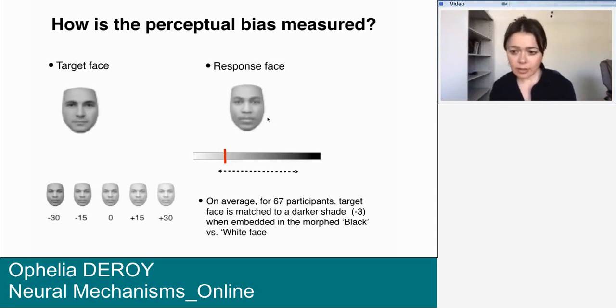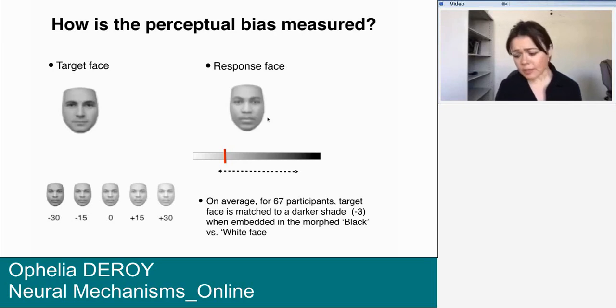There is a very classic process that enabled the authors to document this bias, which is a matching task where participants were presented with a target face and a response face from either African or European morphology. The target face was varying in 5 degrees of luminance, and the task of the participants was always to adjust the response face so as for it to look exactly of the same shade of gray.